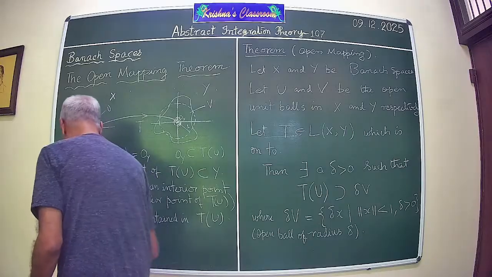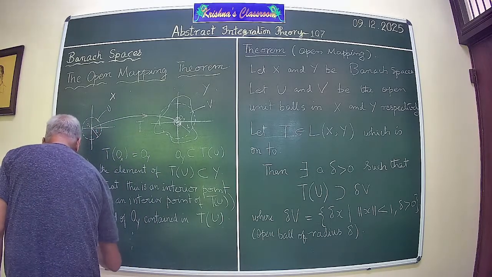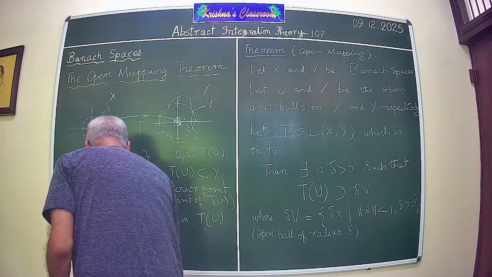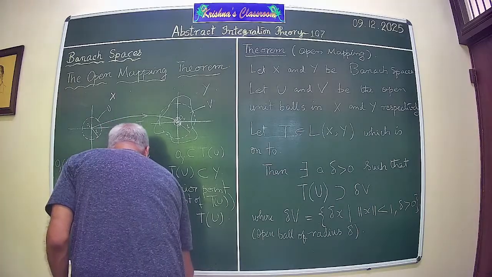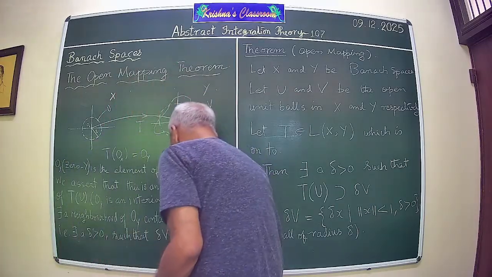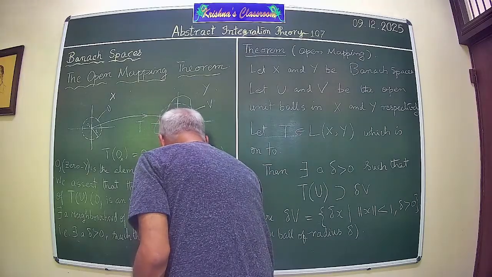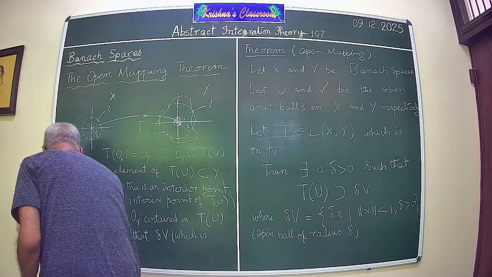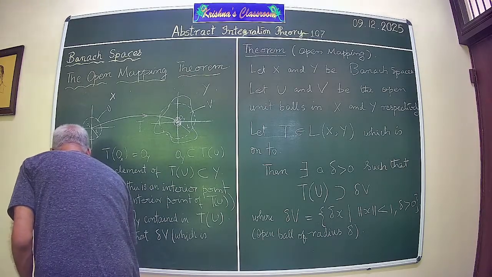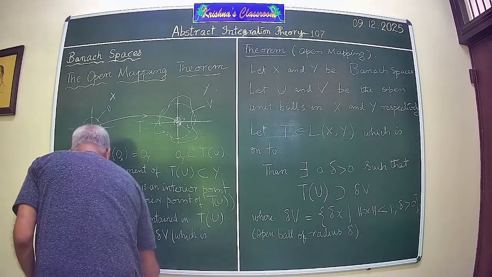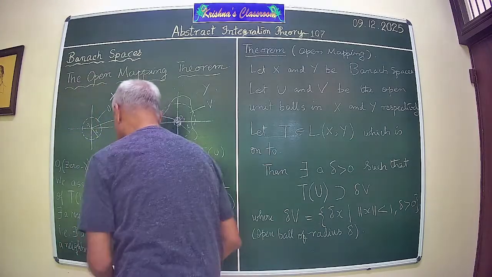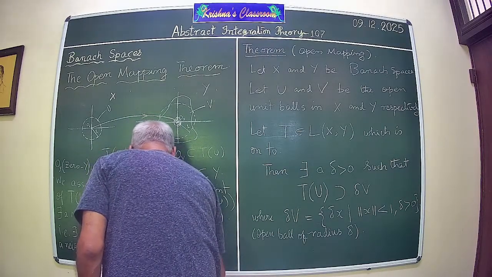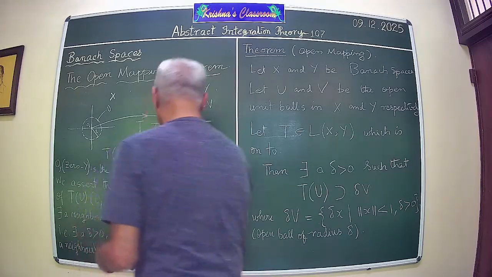That is, there exists a delta positive such that delta V, which is a neighborhood of y, this is the statement of the thing.